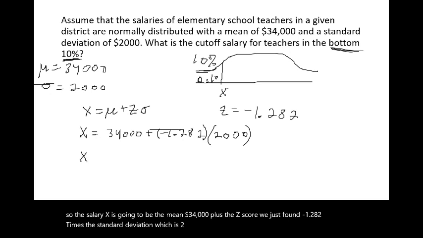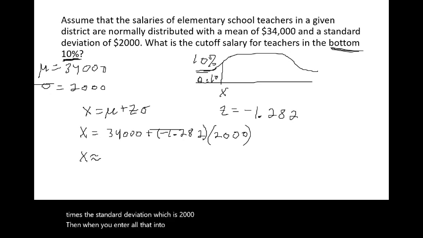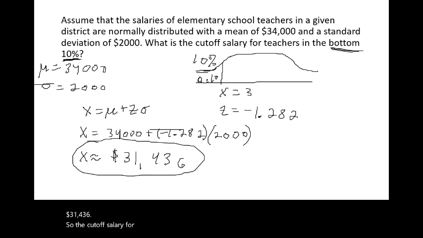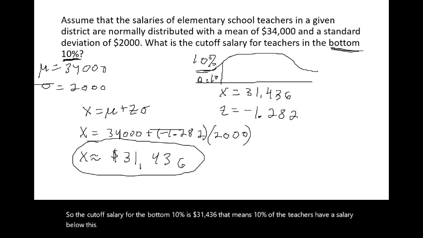When you enter all that into a calculator, you should get a salary of approximately $31,436. So the cutoff salary for the bottom 10% is $31,436. That means 10% of the teachers have a salary below this in this population.